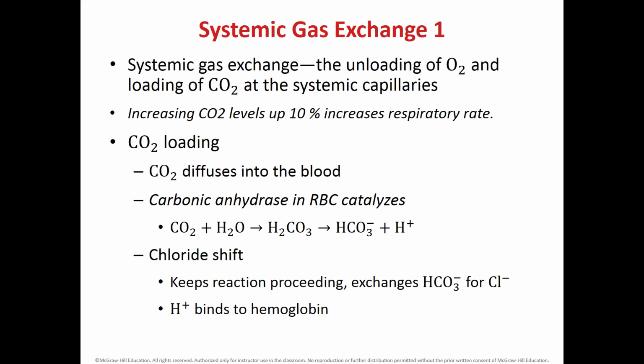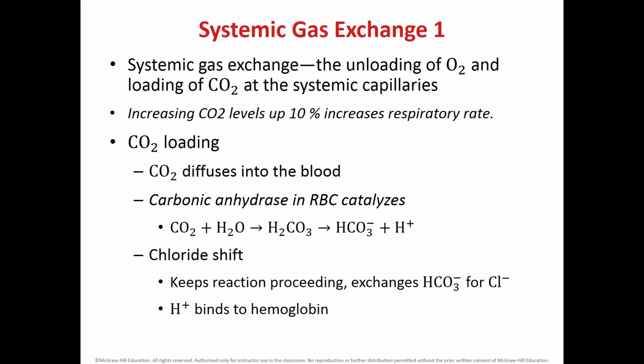Now we will have gas exchange within the tissues, and this is called systemic gas exchange. The purpose of this systemic gas exchange is to unload the oxygen that the hemoglobin was carrying so that the cells in our tissues can use this oxygen.